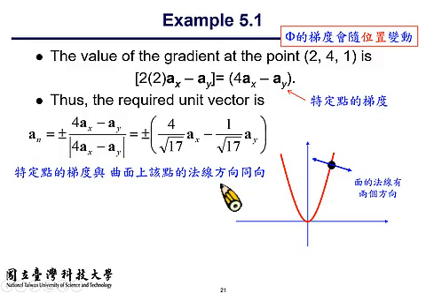So if you know that the vector 4ax minus ay is one vector, if you take the unit vector of it, it becomes this, with plus and minus signs. So those are the normal directions at that point (2, 4, 1) on this parabolic surface. It can be pointing toward either direction, right?